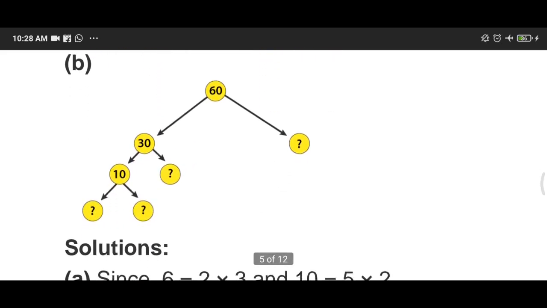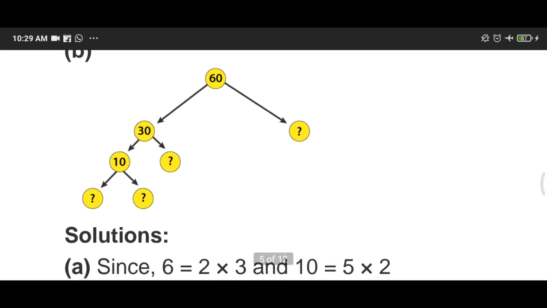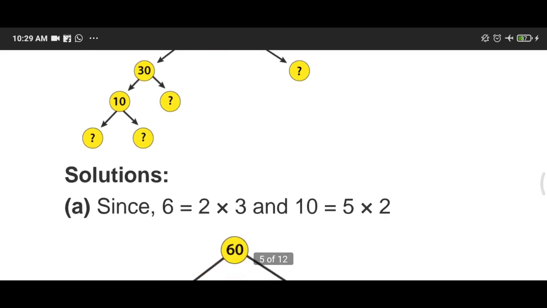In B part you can see 60 is divided as 30 and what? 30 ones are 30 and 30 twos are 60. So in the first box we write 2. Then 30 is divided as 10 and how many? 10 threes are 30, so there will be 3. Now here is the solution.